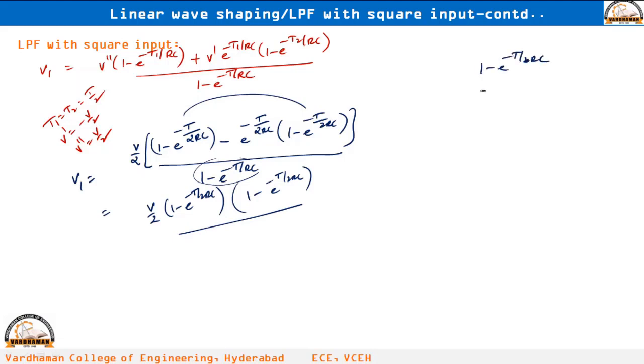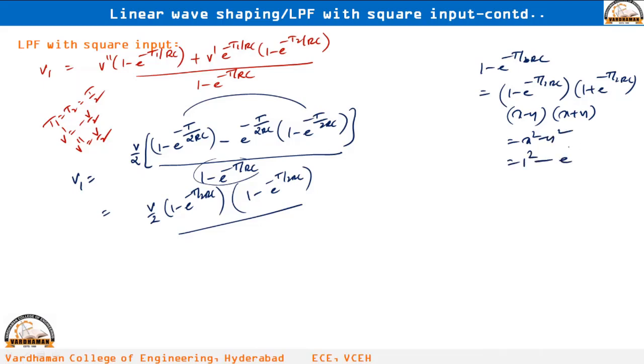RC can be written like this: 1 minus e power minus T by 2RC, 1 plus e power minus T by 2RC. X minus y into x plus y is equal to x square minus y square, that means 1 square minus e power minus T by 2RC whole square. So you will get this one.